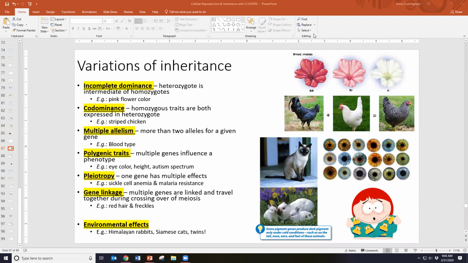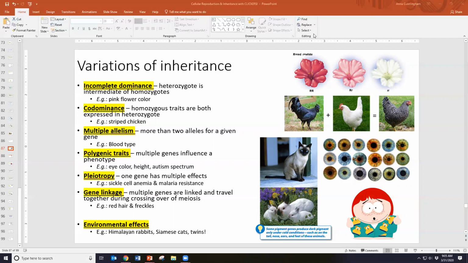We can also talk about polygenic traits, where multiple genes influence a phenotype, which explains anything that has a gradient, like height, eye color, as you can see in this image, autism spectrum, etc. We talked about pleiotropy, where one gene can influence more than one thing.